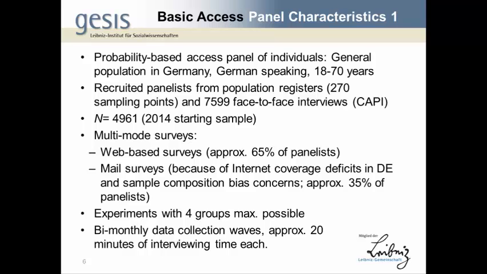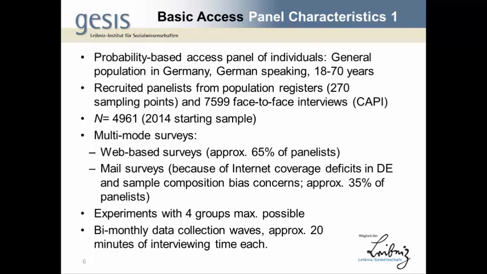Our estimate was that we would be able to start with fewer panelists at the beginning of 2014, but we ended up with almost 5,000 panelists. So our starting sample was 4,960 panelists at the beginning of 2014, and our first wave in 2014 was fielded in February.